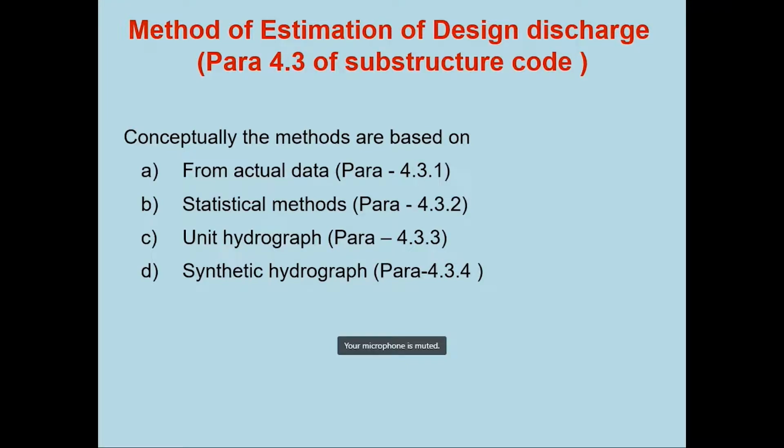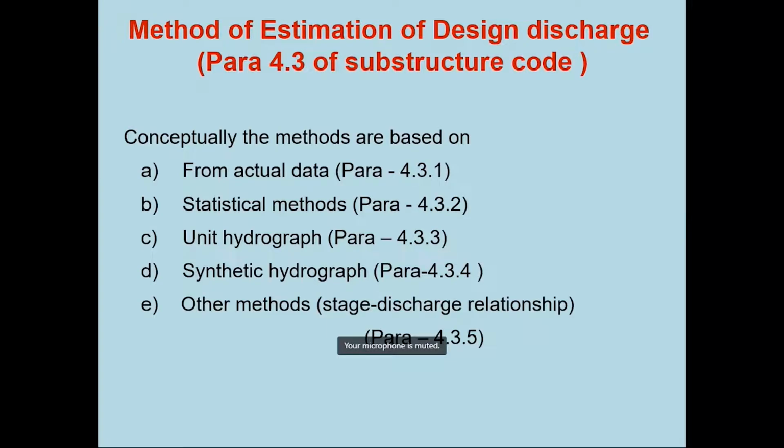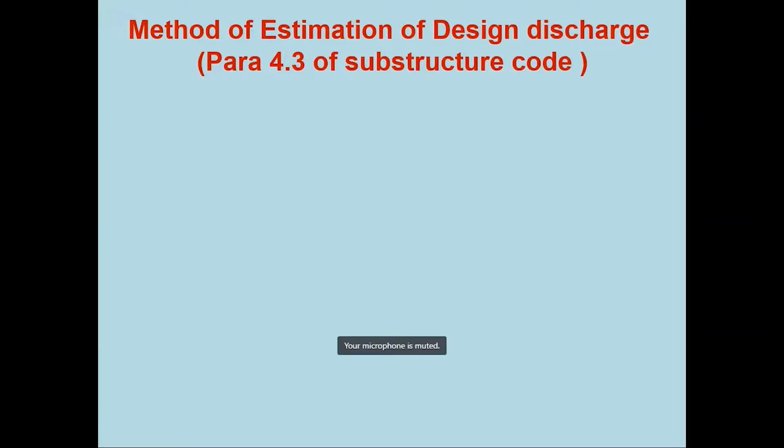Then the other method is the stage discharge relationship. I will just give you the concept and what is the basis for that, but we will not go into detail for those. We will be covering in these classes only the synthetic hydrograph method and also a shortcut method for smaller catchment areas which has been developed by RDSO, in the name of RBF 16.